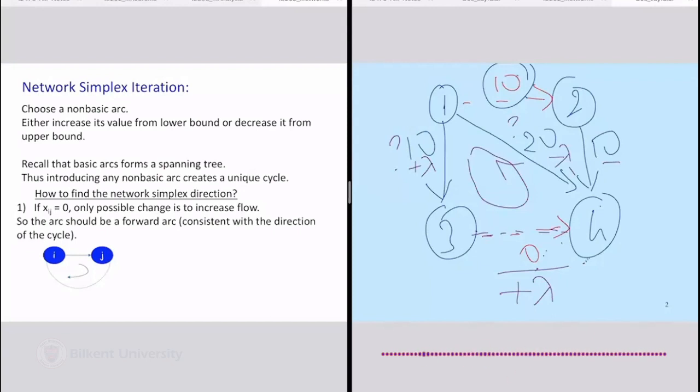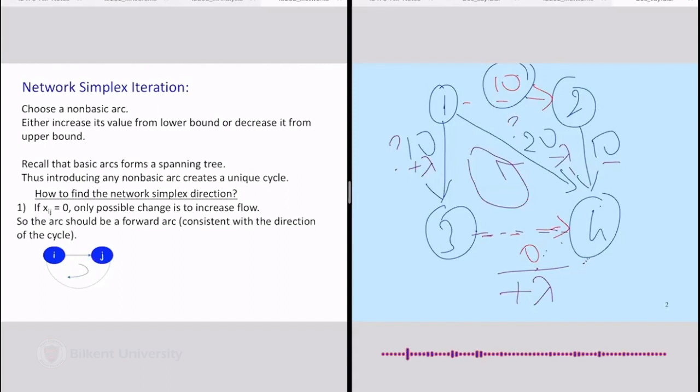So once you choose your cycle direction, that is, if it's improving, we're going to choose it. I'll explain it in a minute. But how many units you can send over this cycle direction is determined like this, all right? Depending on if it's at the lower bound or the upper bound.